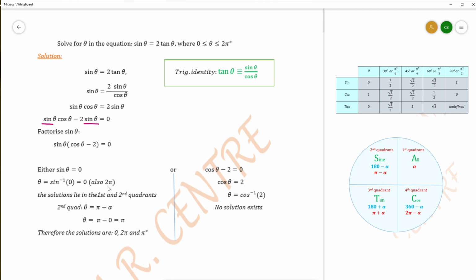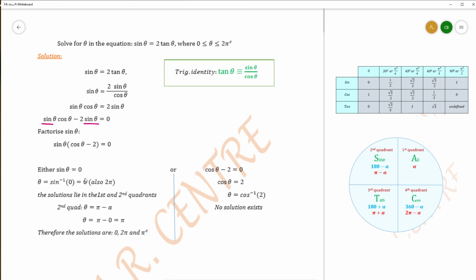Also same applies for 2 pi. 2 pi radians is equal to 360 degrees. So the 2 pi radians also fall on the same line as 0 radians. So since sine of theta equals 0, it's considered positive value in this case because it's not negative. The solutions would lie in the first and second quadrants.